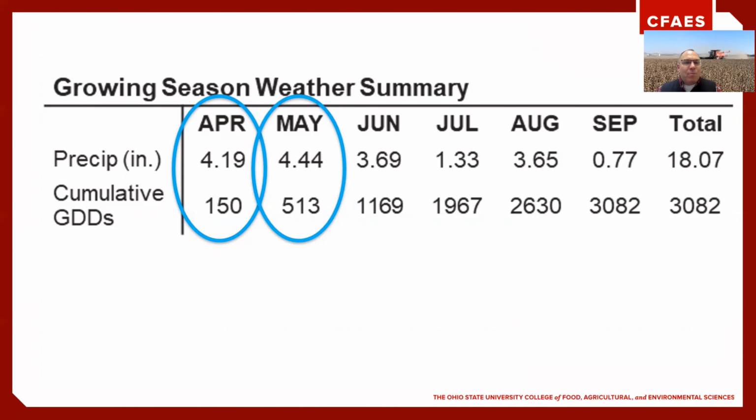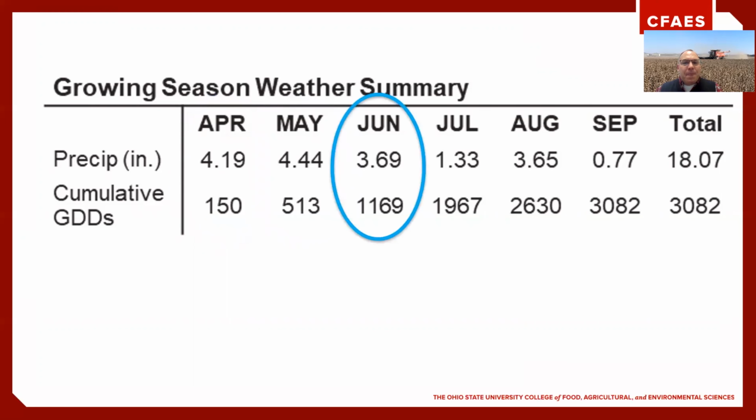We did have some corn planted in Fayette County in April, but very little. I would say the majority of our crops were planted probably that last week of May and first week of June here in Fayette County. Once we got the crop planted, we were able to get some rain.